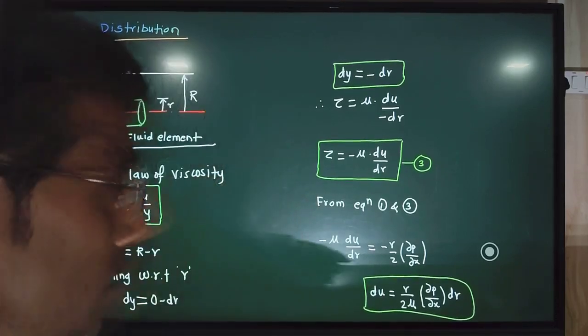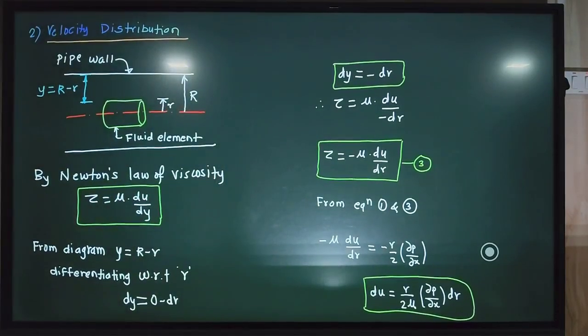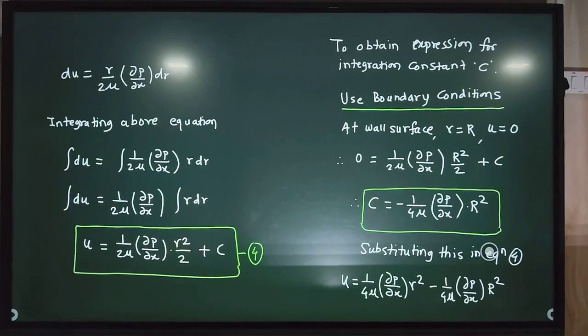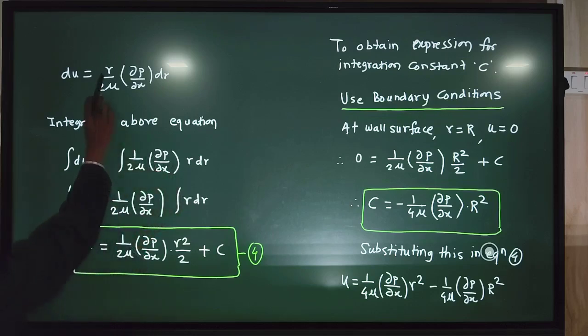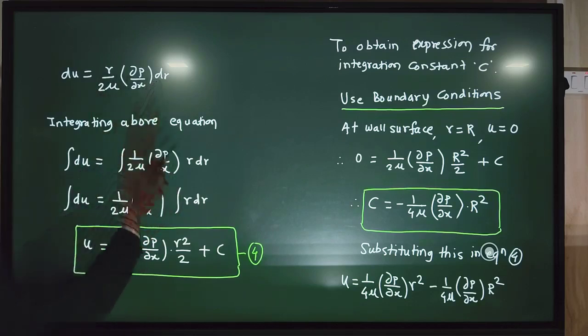So integrating this equation, integration of the left side, integration of du, is equal to integration of the right side. Here we write, while writing we take this r along with dr for the integration purpose.